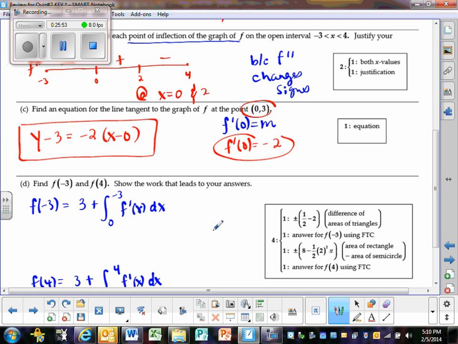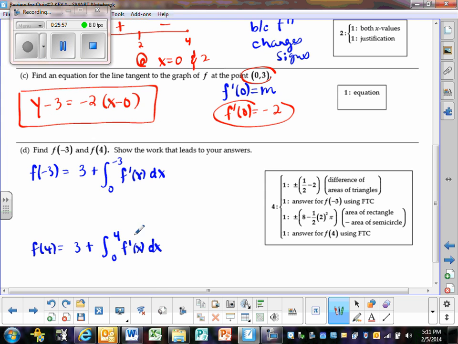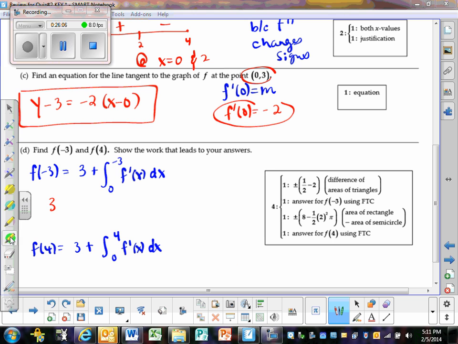Now the last part is actually the trickier part of this, because we have to remember that when we're doing the area of this graph, because this part is backwards, because we're doing backwards from 0 to negative 3, this actually has to change signs. So we're actually doing the opposite of negative 3 to 0. So 3 minus, and now we can go up and do the geometry to get this part.